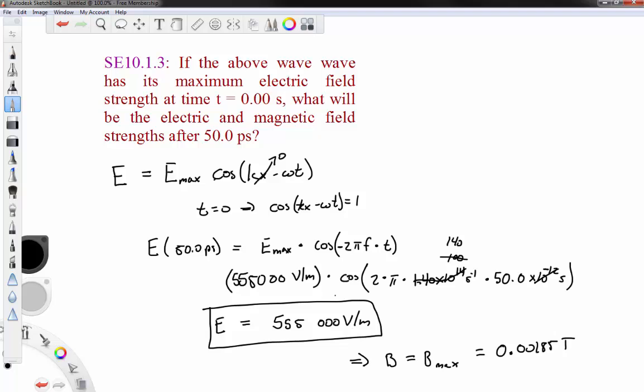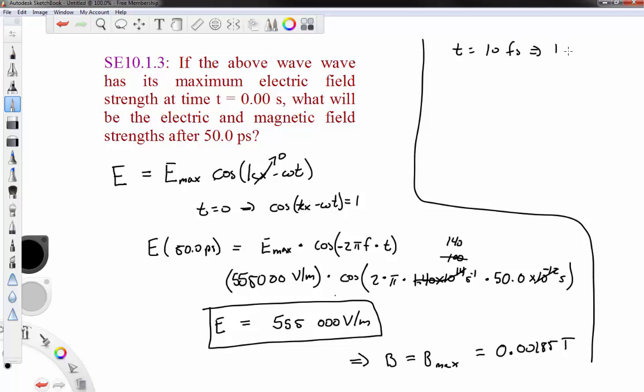So at some other time, of course, this may not be true. Maybe we ask for what is it after 1 femtosecond later, or 10 femtoseconds later, or what have you. And then the answer is going to vary. So for t equals 10 femtoseconds, that's 1 times 10 to the minus 14 seconds.